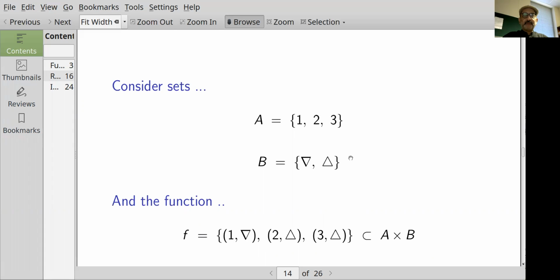This is onto because the range, these are the second elements of F, is the same as the codomain. The range of this function is {nabla, triangle}, and the codomain of this function is {nabla, triangle}. So this function is onto.